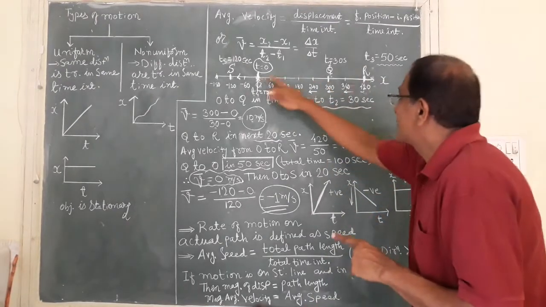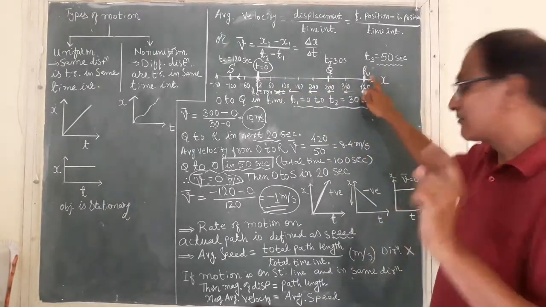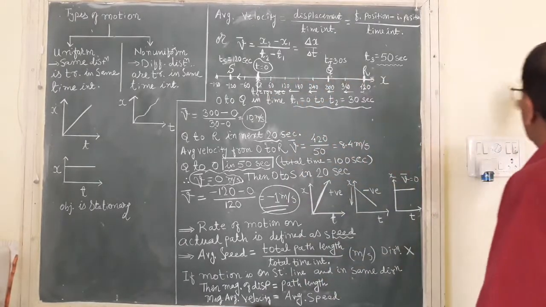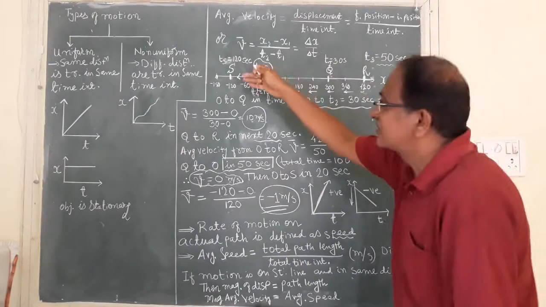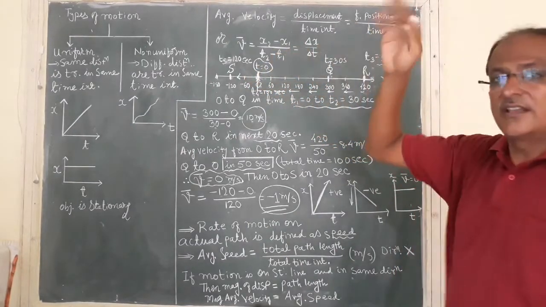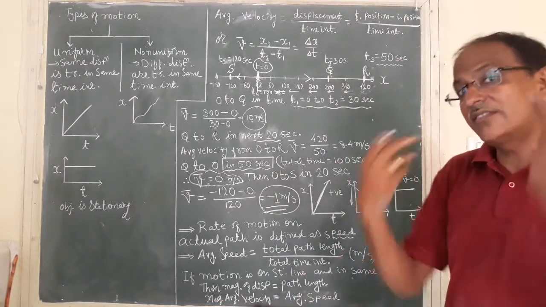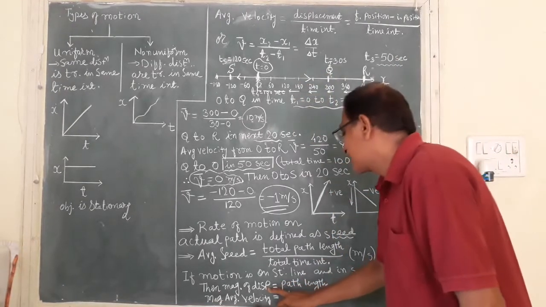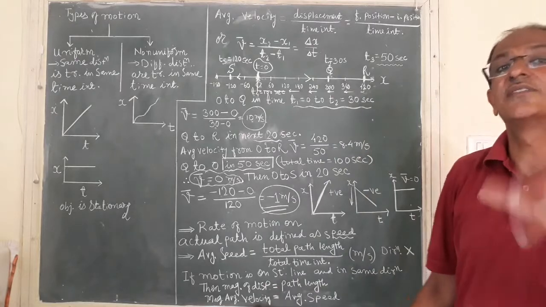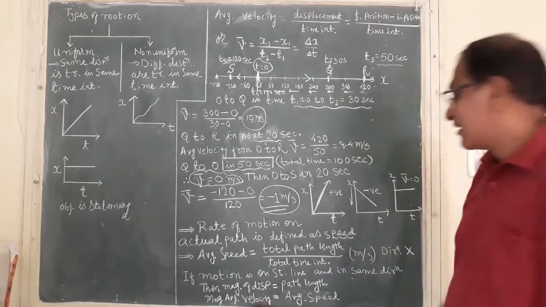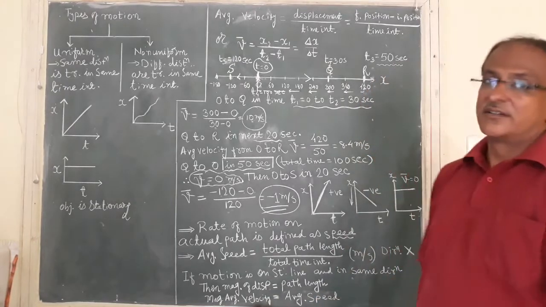The magnitude of displacement will be equal to the path length. If the object is moving in this particular direction only, not going this side, not going in any other direction, then the magnitude of displacement and path length would be the same, and at that time average velocity will be equal to average speed.